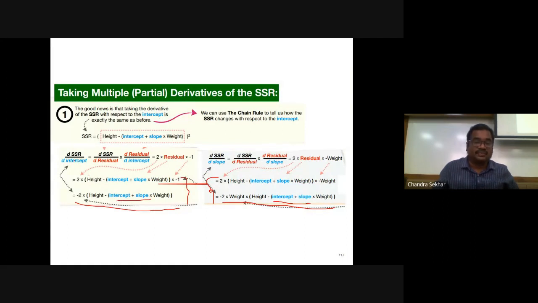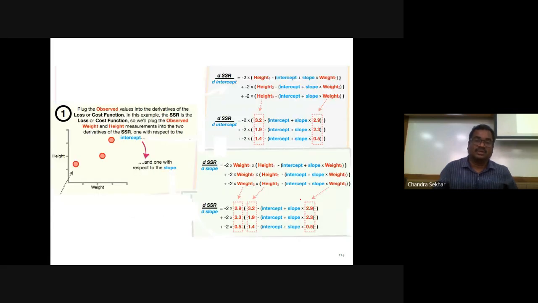So intercept is impacting SSR, and there is a role of slope also. When we want to find the impact of slope on SSR, there is an intercept also, because we are not fixing the slope value. So these are the 2 equations we need to consider for 2 unknowns and try to solve the problem.